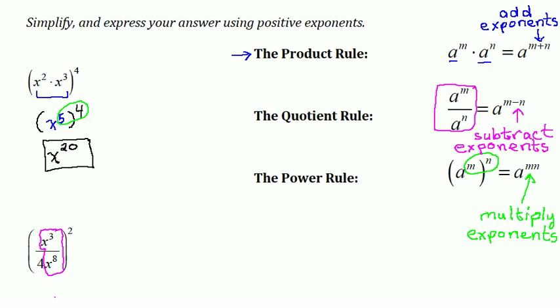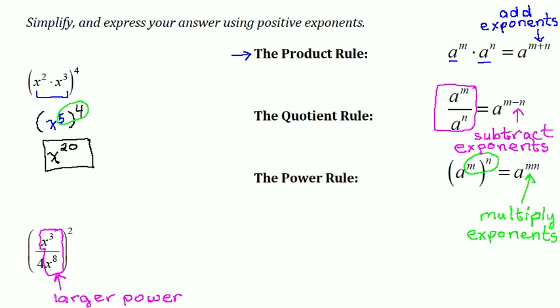When subtracting the exponents, the first thing I want to do is identify where the larger power is. In this case, the larger power is in the denominator, and that means that my power of x is going to end up also in the denominator. So as I rewrite this expression, I'm going to subtract the exponents. 8 minus 3 is 5.